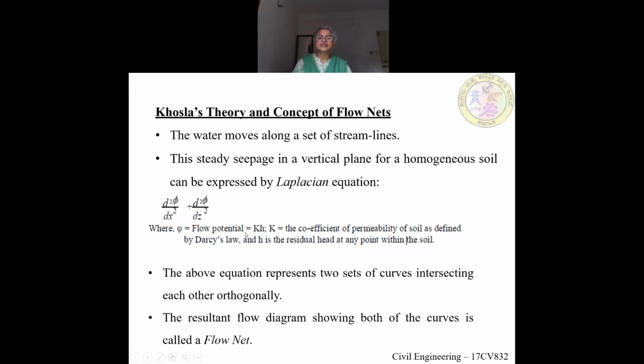Here φ is the flow potential, which is kh, where k is the coefficient of permeability of soil as defined by Darcy's law, and h is the residual head at the point within the soil.